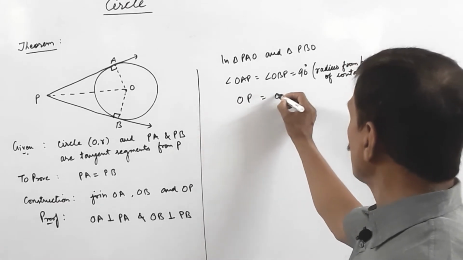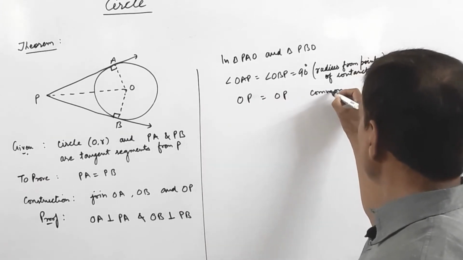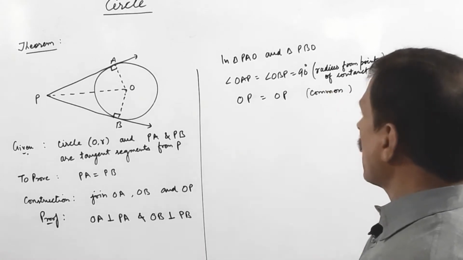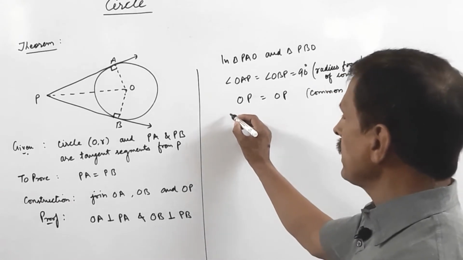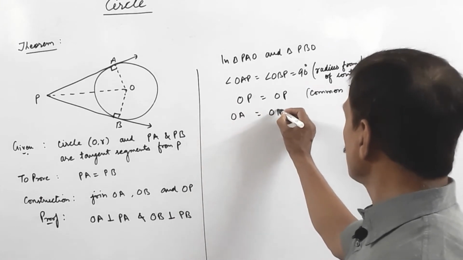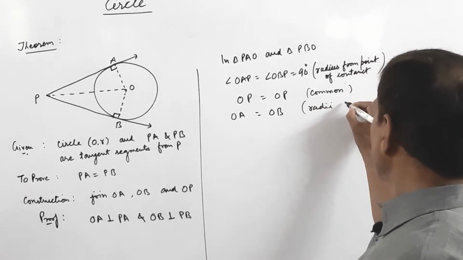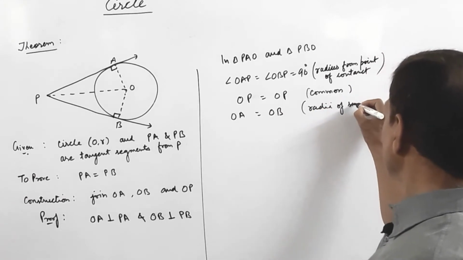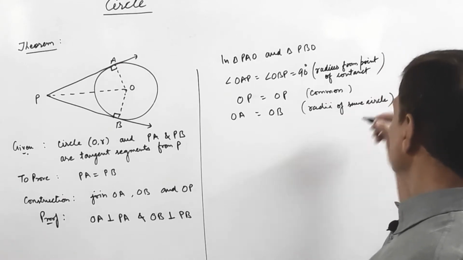OP is equal to OP, common hypotenuse for both the triangles, and OA is equal to OB, radii of same circle.